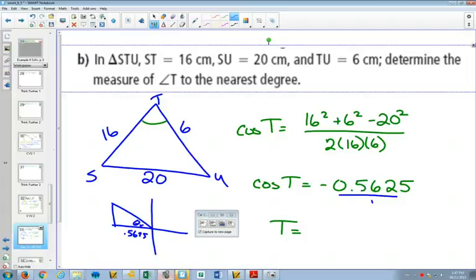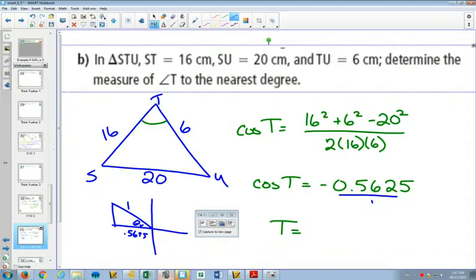Here's my reference angle, and here's 1. And then you could do cos inverse to find your reference angle, and do 180 minus your reference angle. That's what we did in section 6.1 and 6.2. And if you were trying to get both quadrant 2 and quadrant 3, that's what you would need to do, because you would need your reference angle.